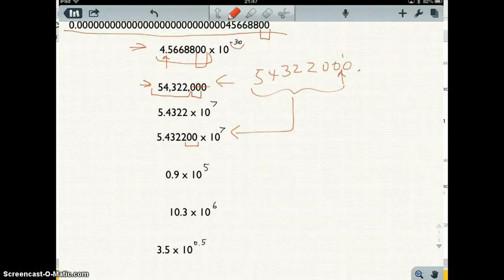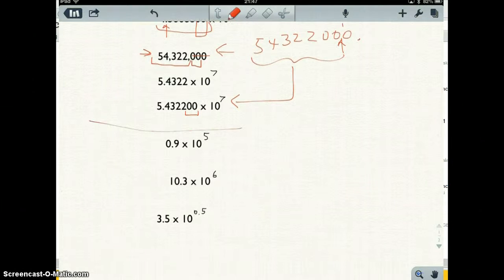Okay, so here are some examples of what is improper standard form. For example, here we have 0.9, which is not between 1 and 10, right? So we wouldn't write it like that. We would write 9 times 10 to the, I think it would be 10 to the 4th, right? 9 times 10 to the 4th would be 9 with 4 zeros.